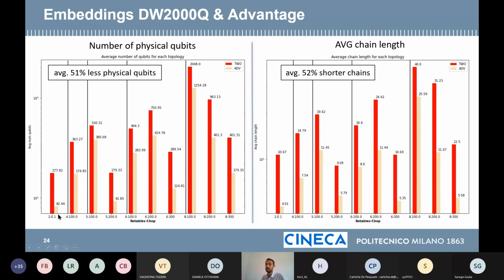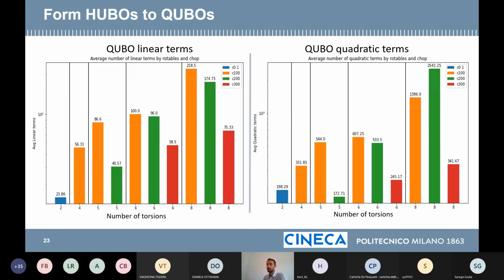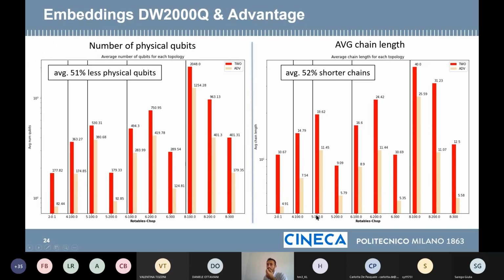The difference in brown versus red is the difference that you have going from the D-Wave Advantage, the new device with 5000 qubits, versus the D-Wave 2000Q, which has 2000 qubits. The Advantage has many more qubits, and they are also much more connected, so you can encode the same problem using much fewer qubits and much fewer connections, and you are as close as possible to the real logical problem.